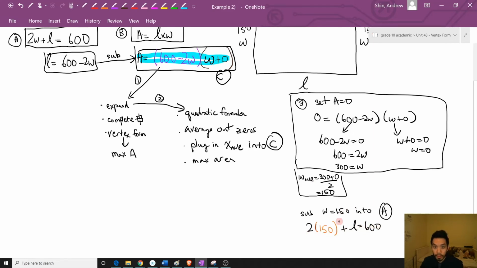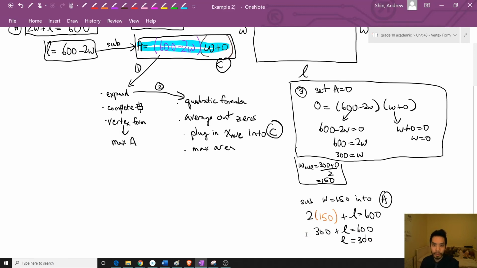So 2 times 150, which represents multiplying these two up here. There's going to be 2 150s, which is going to be 300. Plus L equals 600. So the total fencing, the total roping, is 600. We're going to subtract 600 minus 300, which will be 300. So the length is going to be 300. So this is going to be 300 right here.